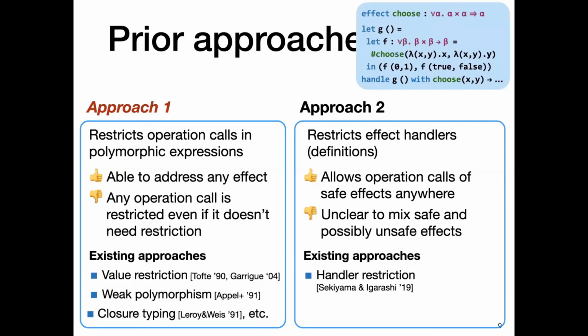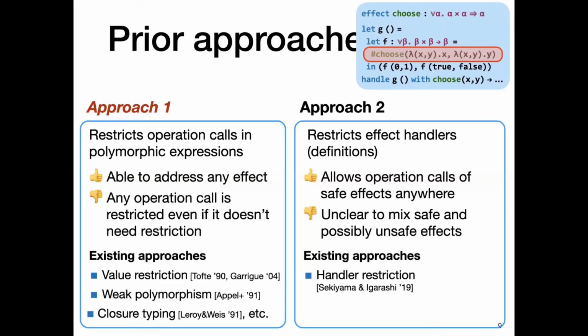For the running example, the approaches in this category restrict these expressions because this is an operation call in a polymorphic expression. For example, value restriction, weak polymorphism, and closure typing belong to this category. An advantage of using these approaches is that they can address any effect, including ML-style references and control operators.